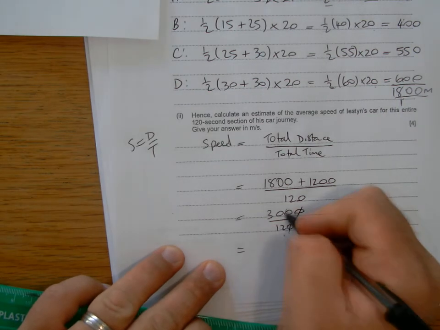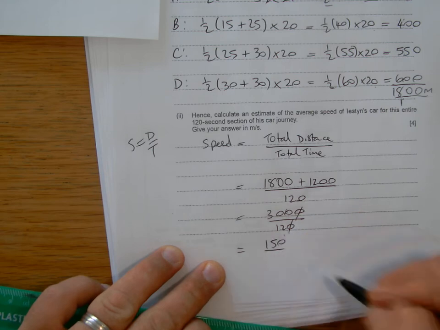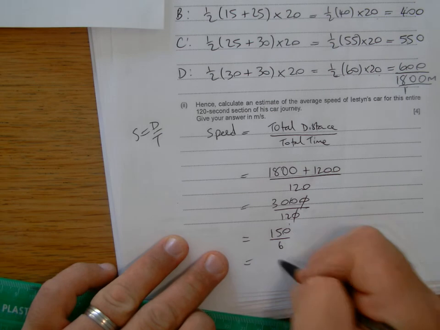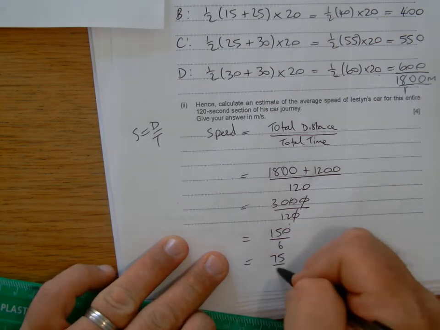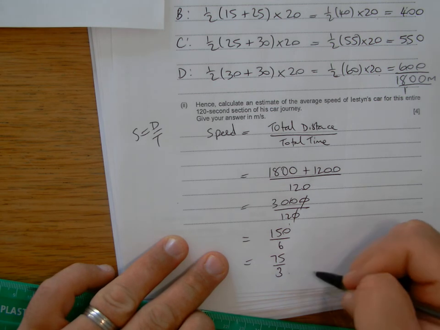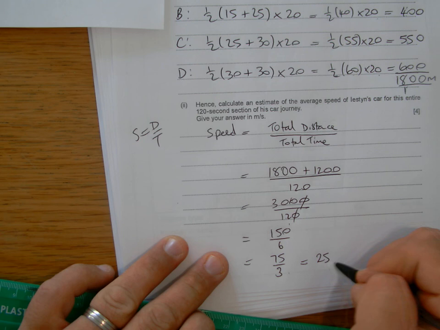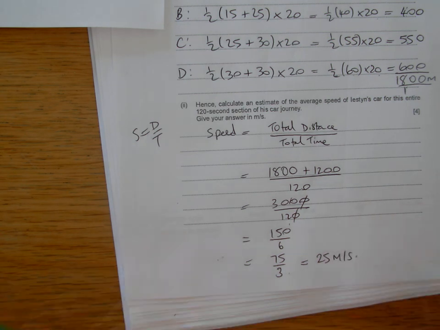You could halve top and bottom: half of 300 is 150, half of 12 is 6, keep halving, half of 150 is 75, half of 6 is 3, and 3 goes into 75 25 times. So the actual average speed is 25 meters per second.